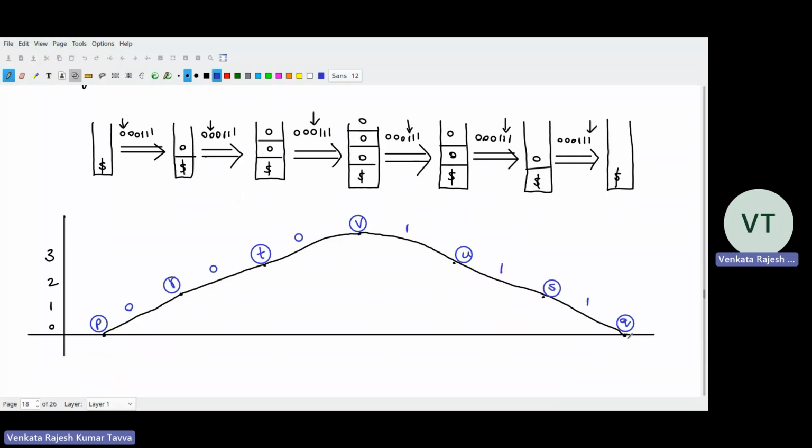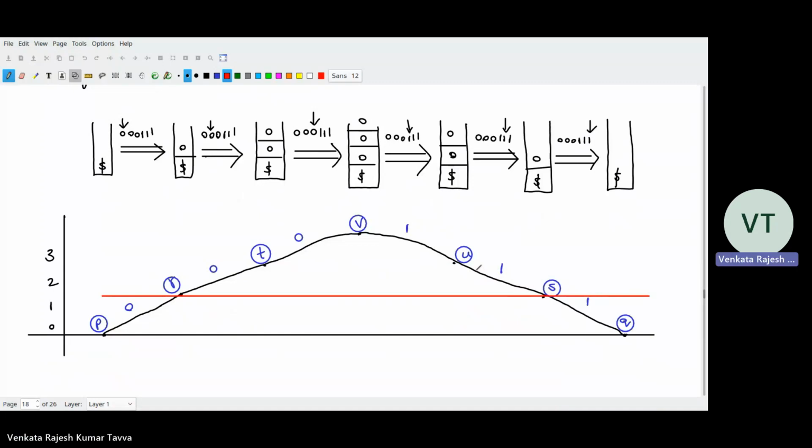Now, similarly, if I assume only this portion to be my PDA, which string is taking me from the start position to the end position? 0011. Okay. So this portion of the string will be accepted by that portion of the PDA.